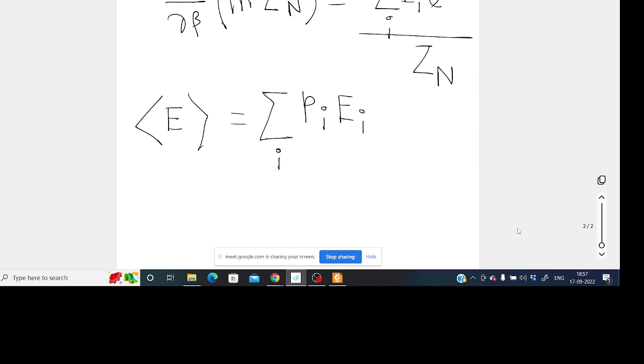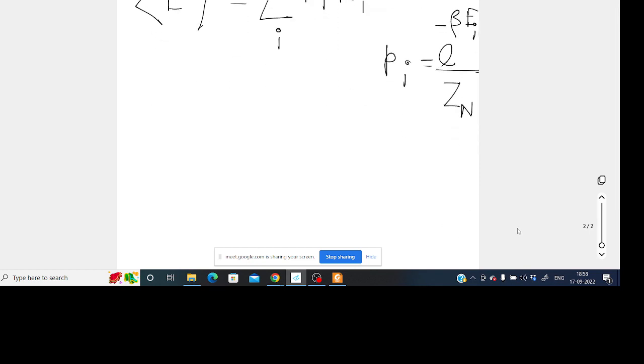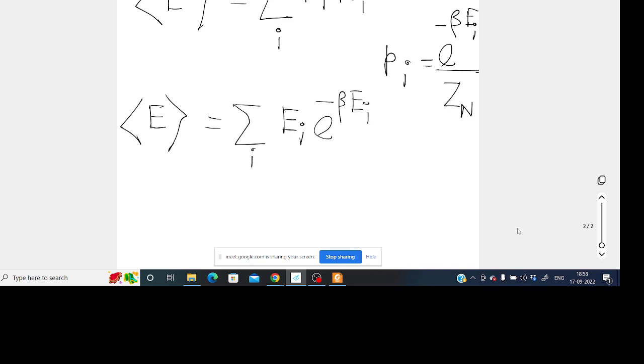Now what is pi? Pi is equal to e to the power minus beta ei by Z. So average energy is equal to the sum over ei into e to the power minus beta ei by Zn.